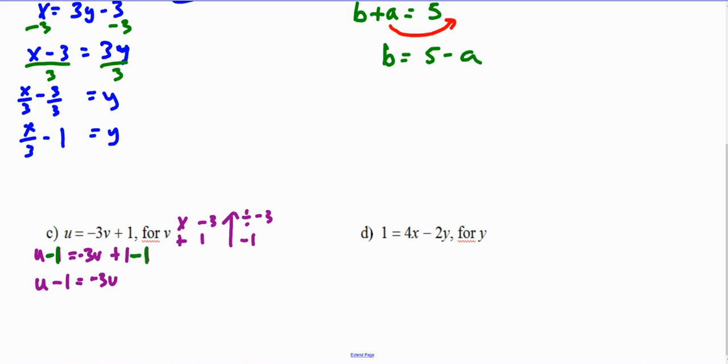The next thing that we would do is divide by -3. Divide each one. Well, you could do it separately, but it doesn't really help us in this case. -3.